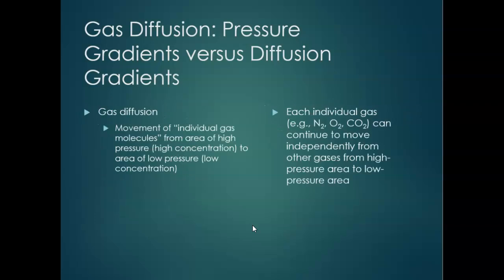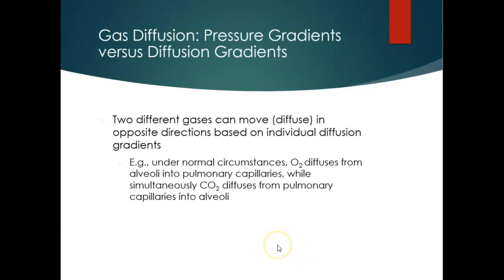Gas diffusion is the movement of individual gas molecules from areas of high concentration to areas of low concentration. These individual gases move independently from other gases. That's an important distinction, because two different gases can diffuse in opposite directions.